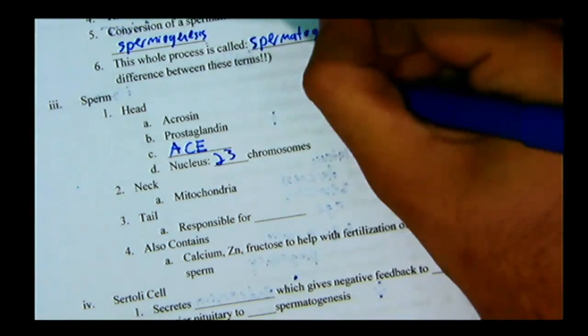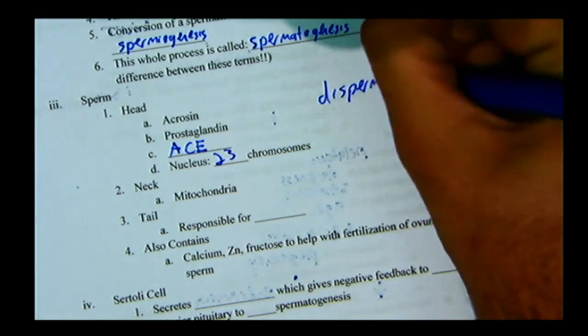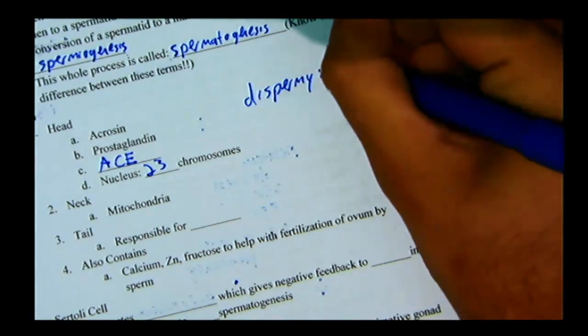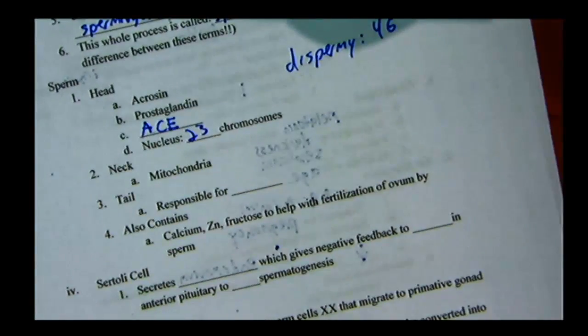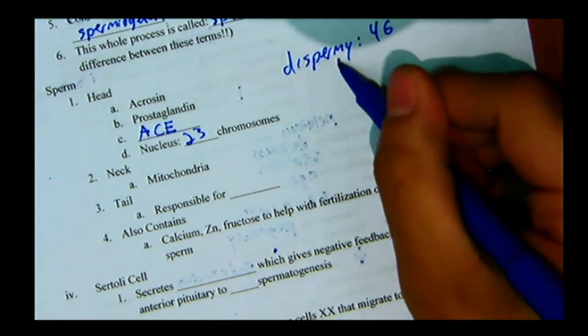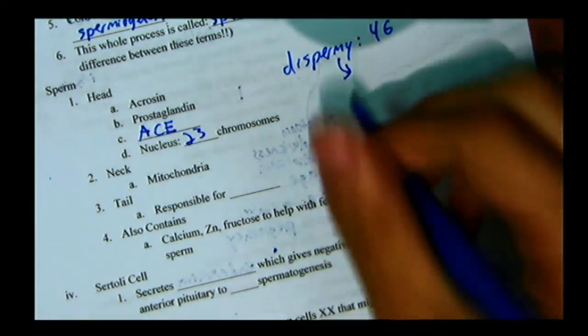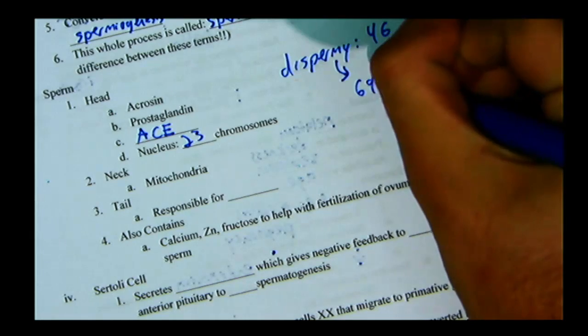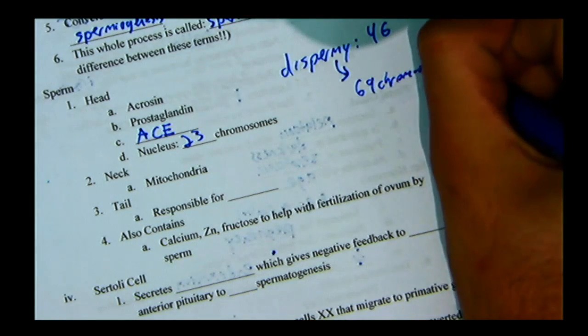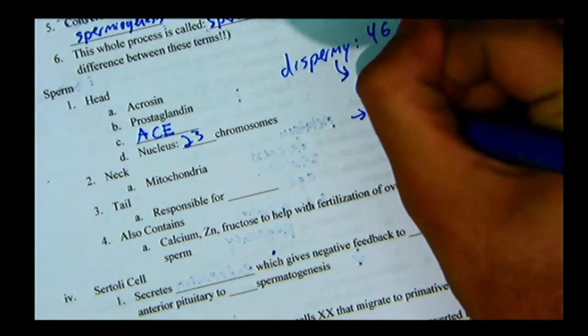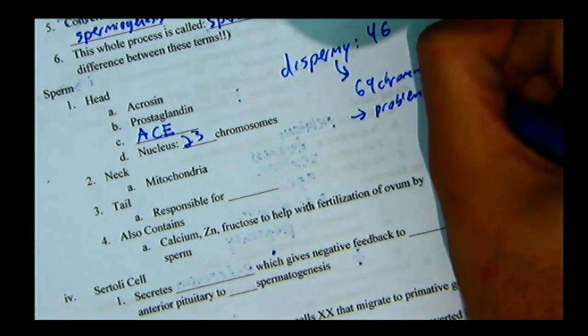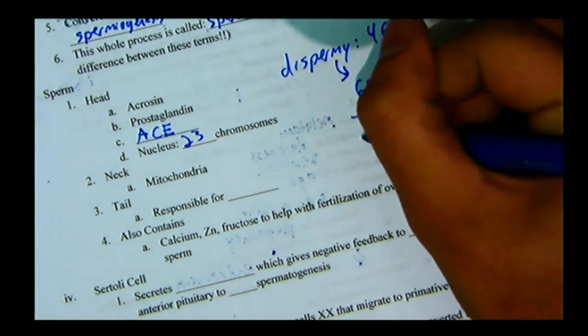And that's what happens if two sperms come together and they have two heads and they infiltrate the ovum, it gives you 69 chromosomes, which causes a problem with the baby. I think she usually says a spontaneous abortion happens. But that's abnormal. That happens like never.